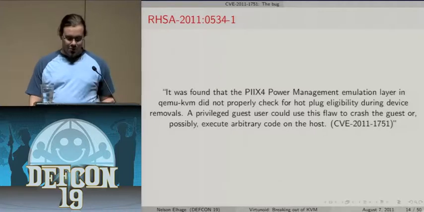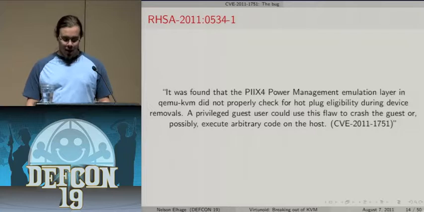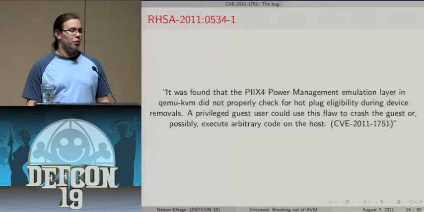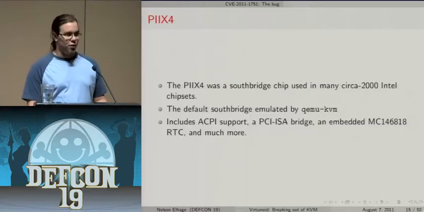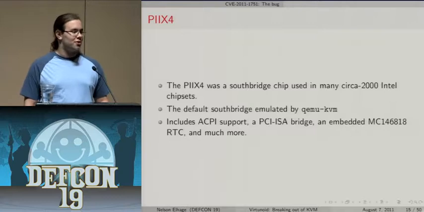Red Hat describes it as: it was found that the PIIX4 power management emulation layer did not properly check for hot plug eligibility. So what does that mean? First off, what is PIIX4? PIIX4 was an actual physical chip that was the South Bridge in most circa 2000 Intel chipsets.